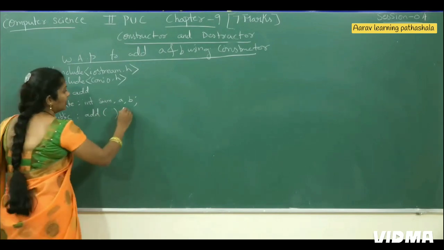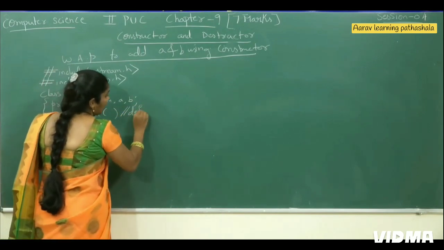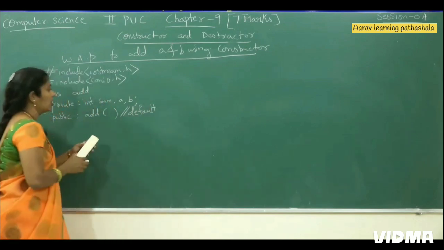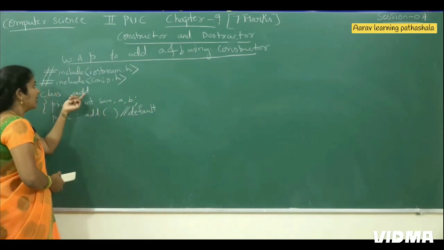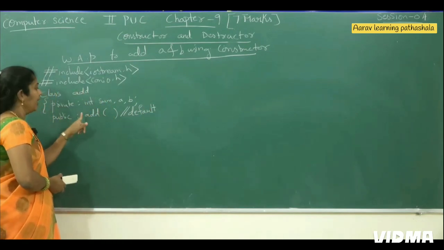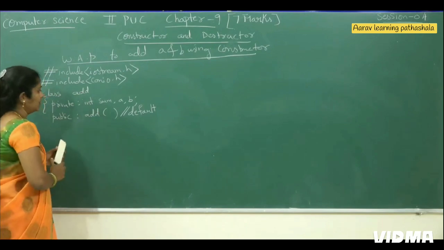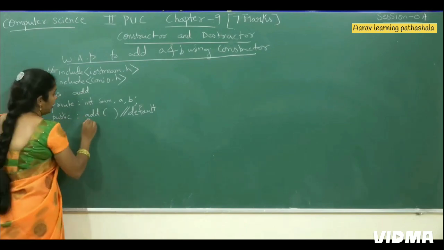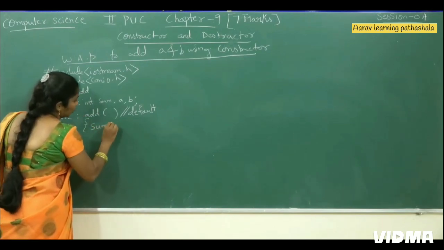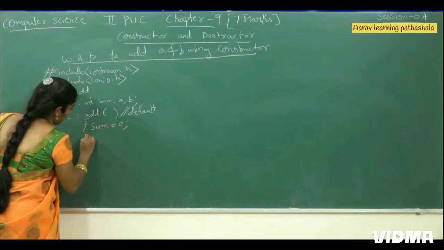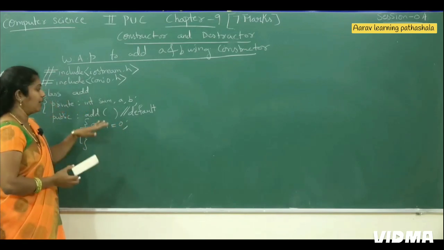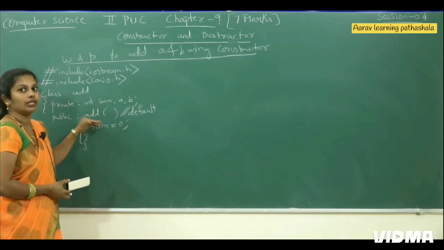It is a default constructor. How can I say it is a default constructor? Because it does not have any argument. Class name and function name are the same. It does not have any return type specifier, not even void. Here we are initializing sum equals, for example, 0.